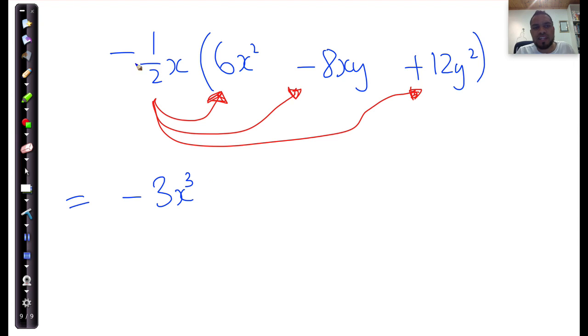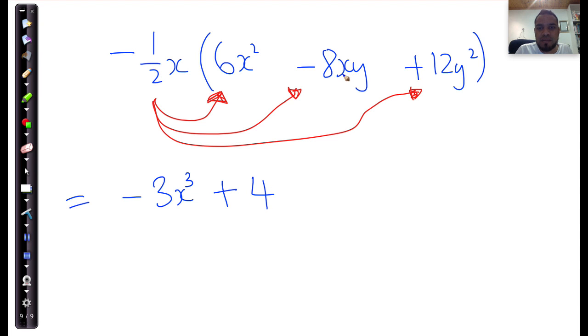Let's multiply it by the next one. Let's take our time. Oh my word. What I meant to say was a negative multiplied by a negative is a positive. And 8 multiplied by a half is the same as saying 8 divided by 2. And 8 divided by 2 is equal to 4.